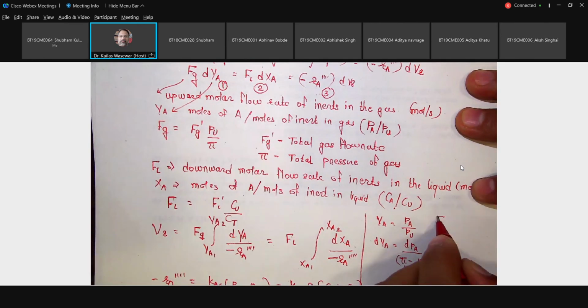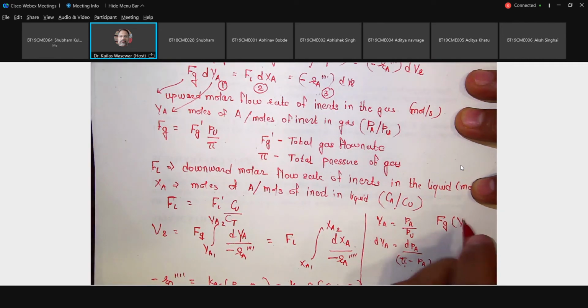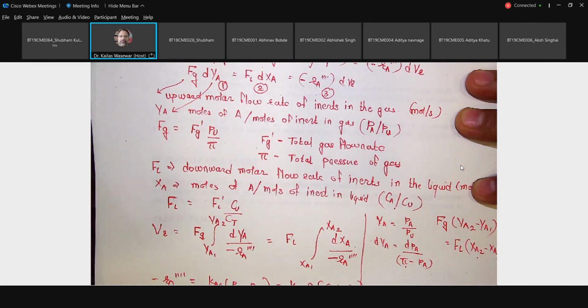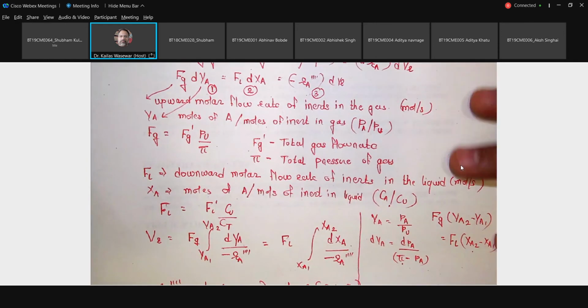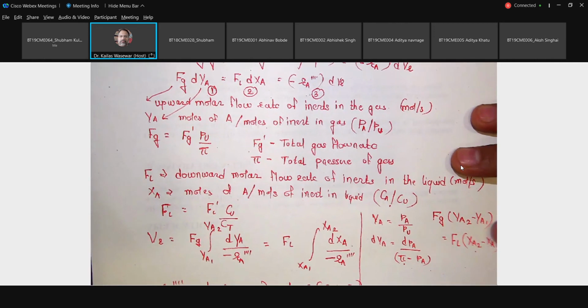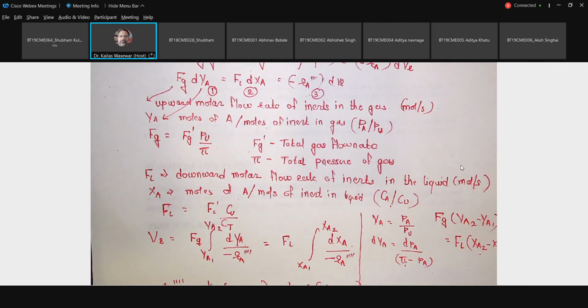Say that Fg into Ya2 minus Ya1 is equal to FL into XA2 minus XA1, which can be further simplified by substituting this Ya and XA in terms of the PA and CA and simplify it, is it, for the dilute system.